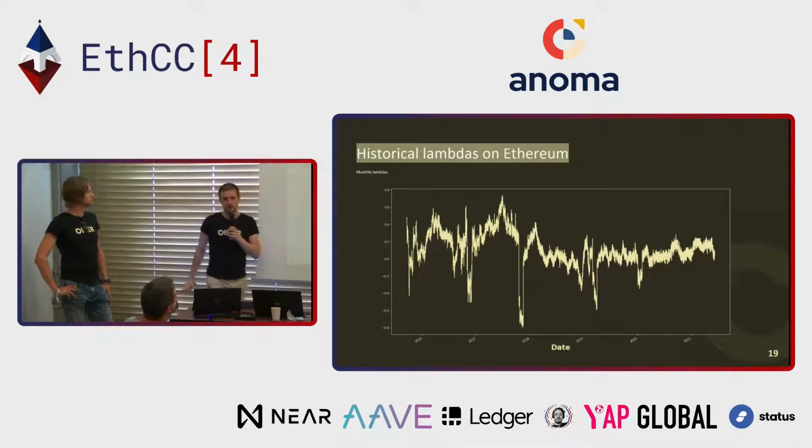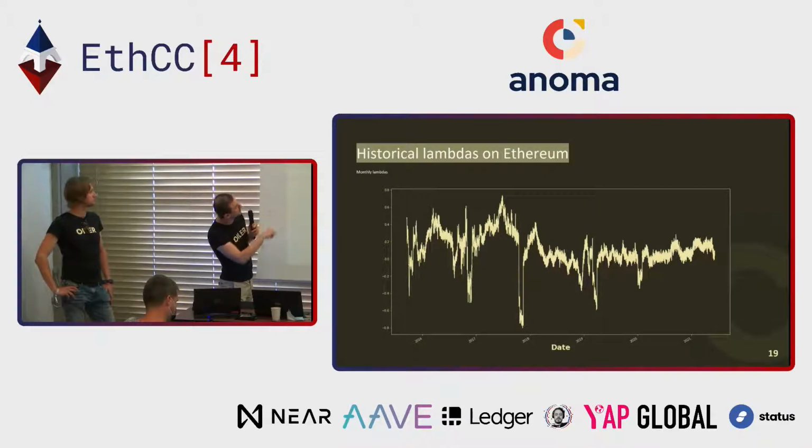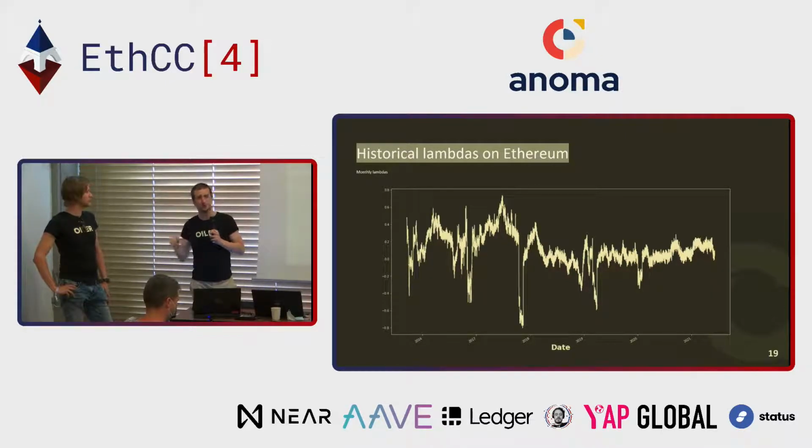Now if you look at the historical lambdas on Ethereum, sampling every single block in the past, looking at difficulty, as we said, is a good proxy for hash rate. Those monthly lambdas were somewhere between -80% and +80%, and recently, over the last 2 years, they've stabilized between -0.2 and +0.2. So you would expect that over a month the hash rate will grow up to around 20%, 25%, something like that.